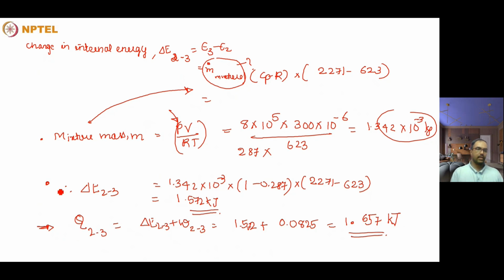And we have calculated the quantity of heat added in this process. The next step is to calculate the heat loss during explosion.